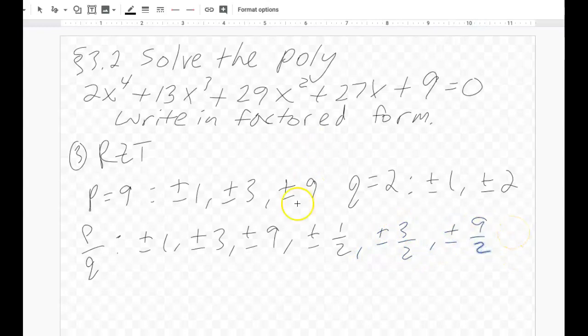These are all my potential real zeros, or rather my potential rational zeros. And we know there's not going to be any positive ones.